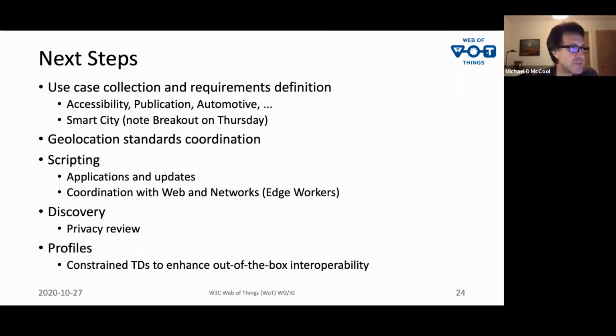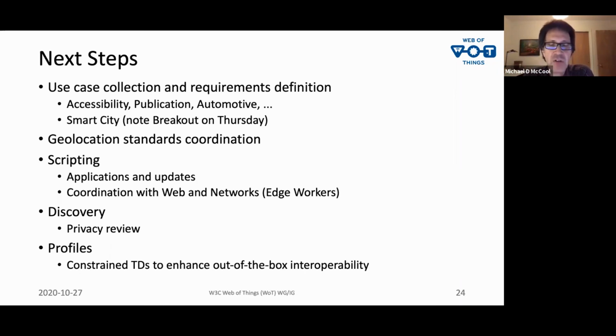Now, our next steps, and this is leading into discussion. We have a lot of work going on right now on use case collection. So the WoT use cases repo has a ton of documents there where we've been collecting use cases. I should also say one of our major use cases is the smart city.